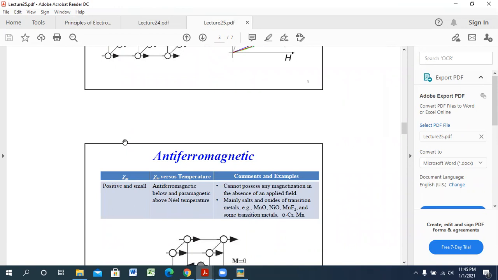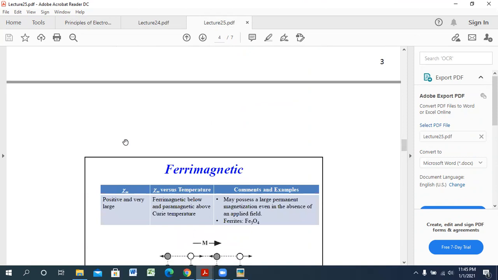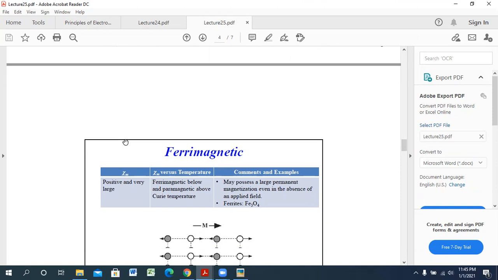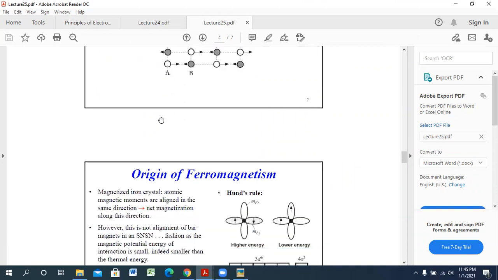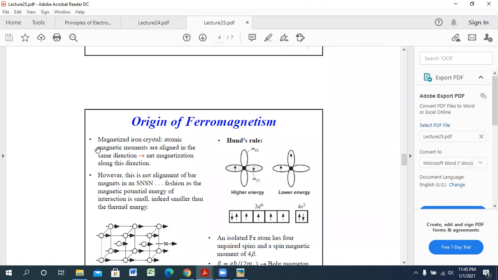Antiferromagnetic means positive, but the value is very small. Ferrimagnetic means the psi value is positive and also on a very large scale. If you go through this table, you will learn the difference between these five types of magnetic materials. Then, the origin of ferromagnetism.